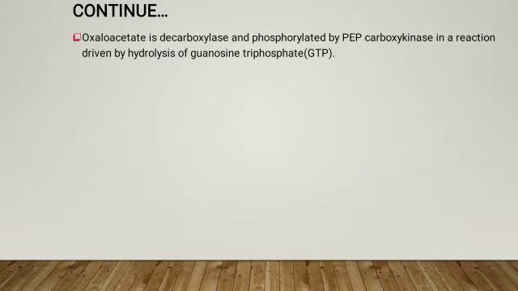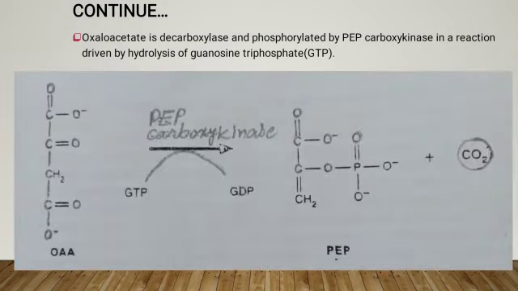This oxaloacetate is carboxylated and phosphorylated by PEP carboxykinase in a reaction driven by hydrolysis of guanosine triphosphate. As you see, oxaloacetate is converted into PEP, and in the same reaction GTP is converted into GDP, and all this reaction is carried out in the presence of carboxykinase.